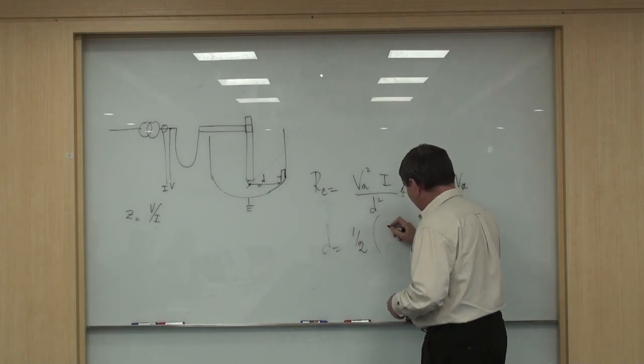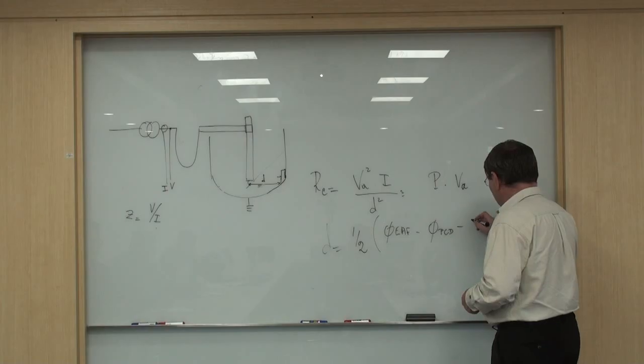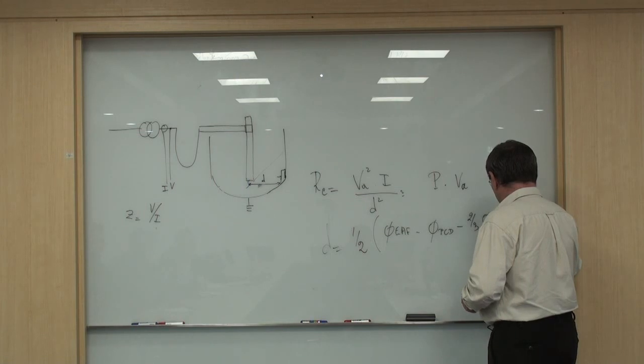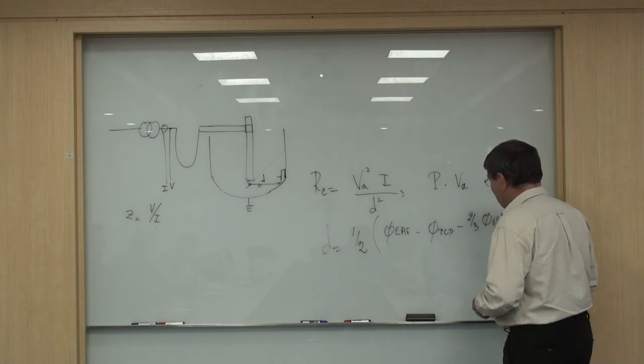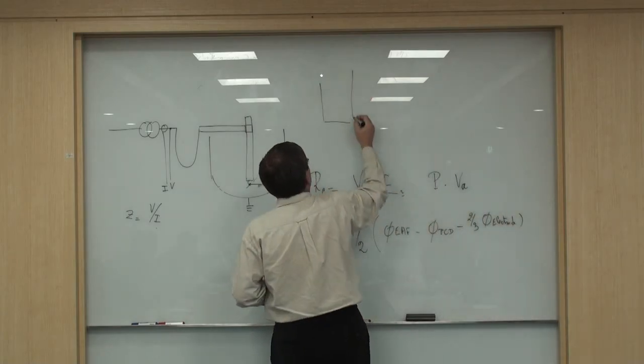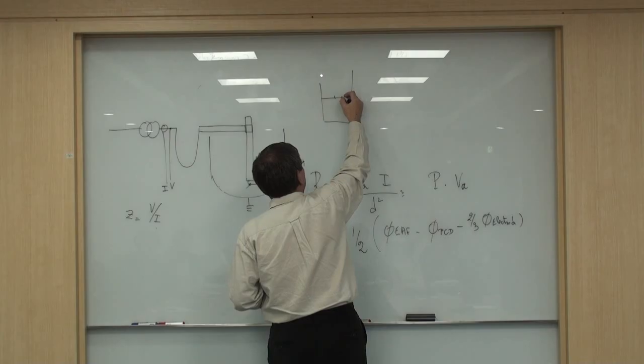And the distance is defined by the furnace diameter minus the PCD minus two thirds of the electrode diameter. Because if this is the electrode, this is the middle, and the arc is pushed away here, about here.